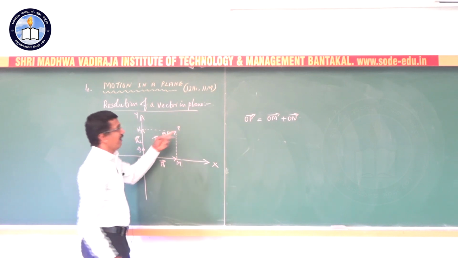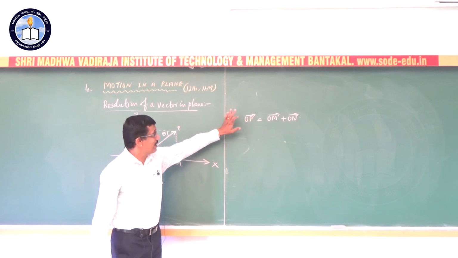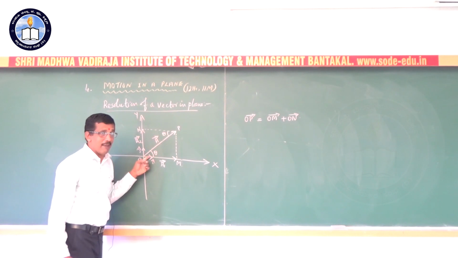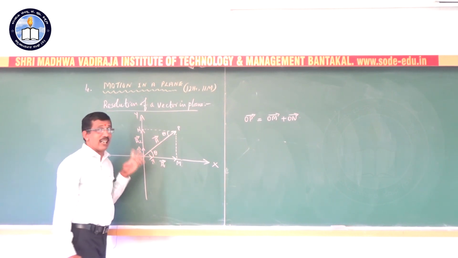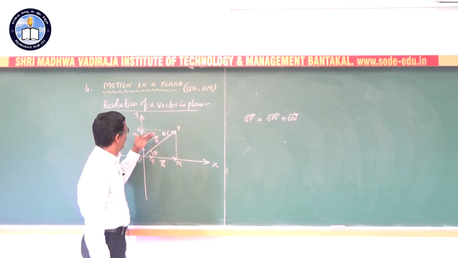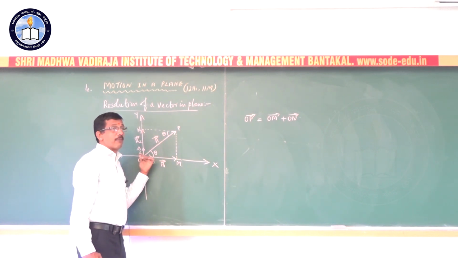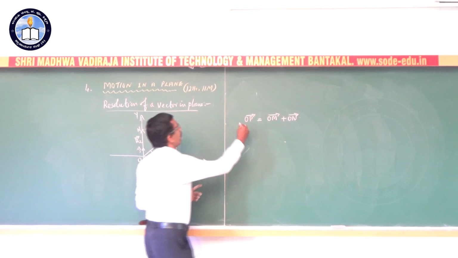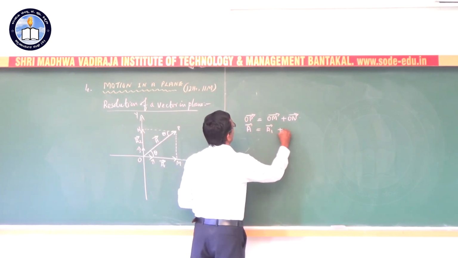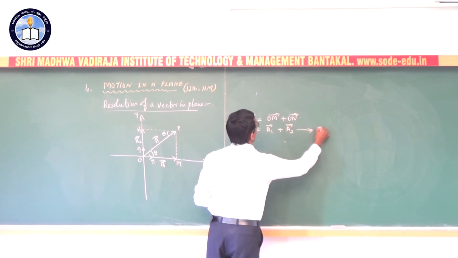OP is the general vector. By using parallelogram law of vector addition, if two vectors are represented by two adjacent sides of a parallelogram, here it is a rectangle because 90 degree, then their resultant is represented by the diagonal of the parallelogram drawn from the same point. So, OP is nothing but vector A, that is equal to vector A1 plus vector A2. For this, I will give equation 1.